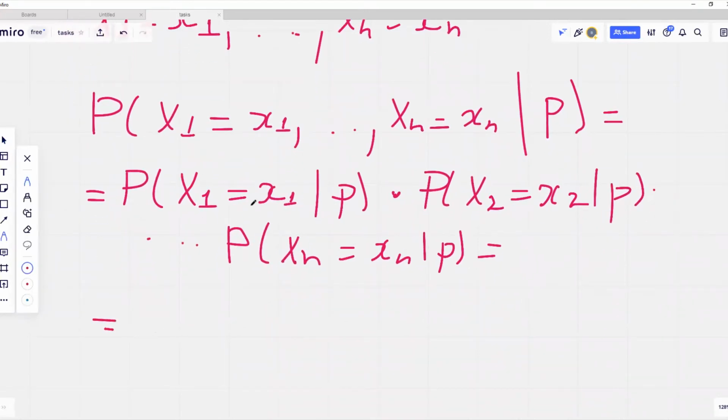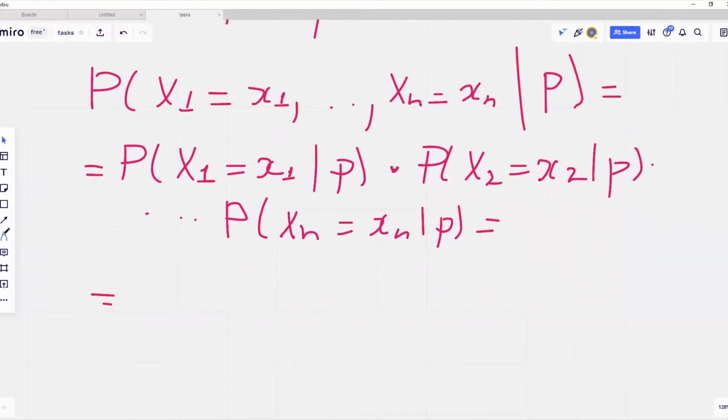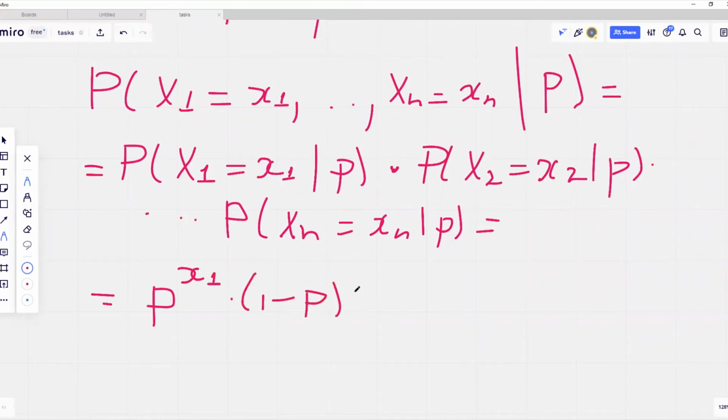Now, what is the probability that the first coin lands on x1, given that the probability of heads is equal to P? This is P to the power of x1 multiplied by (1 minus P) to the power of 1 minus x1. So for instance, if our first coin landed on heads, so x1 is equal to 1, then this term is going to vanish.